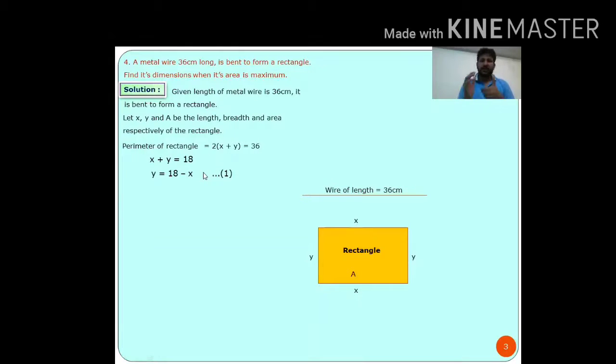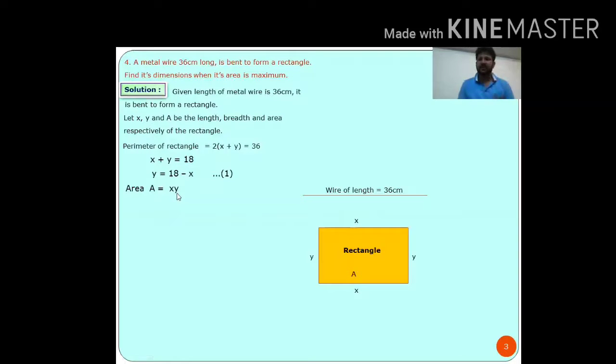After this I have to write a function related to the area, which we want to maximize to find the dimensions. All of you are familiar with the area of a rectangle: length into breadth, that is x into y. Maximization of area will be done by using the derivative test.